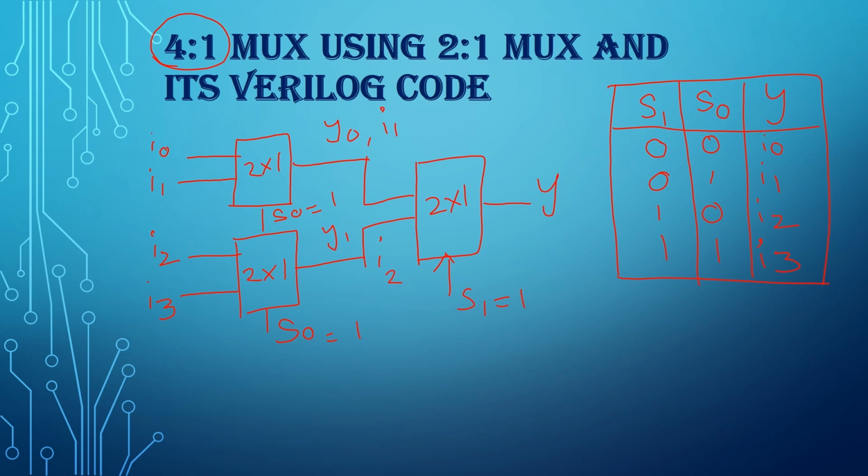Here S1 is equal to 1, so I3 is transferred to the output Y. As you can see, we have effectively created a 4x1 multiplexer using a lower order multiplexer, that is, a 2x1 multiplexer. I hope you understood the concept clearly.